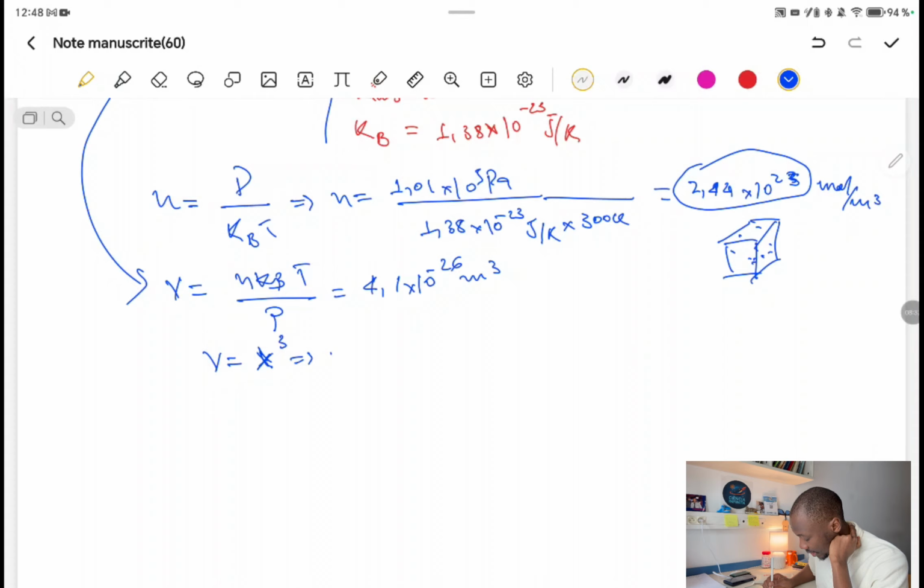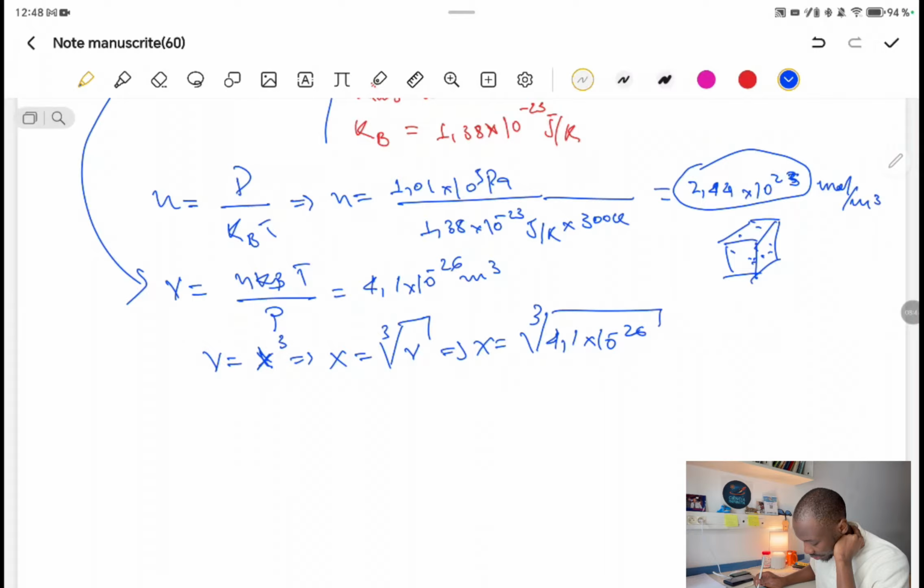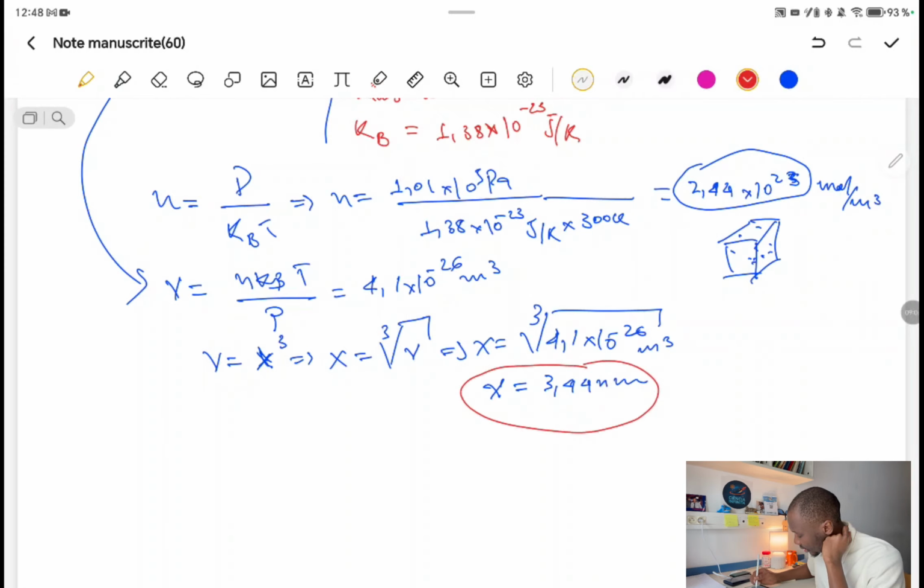That's the volume, and then x should be equal to the cube root of that volume. So x should be equal to the cube root of 10 to the minus 26 meters cubic, and our x here, the distance, should be approximately 344 nanometers. That's the distance in gases.